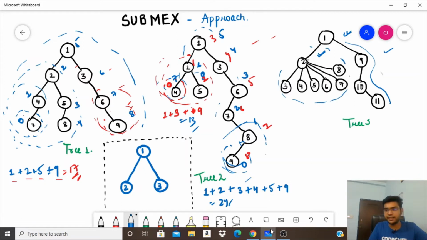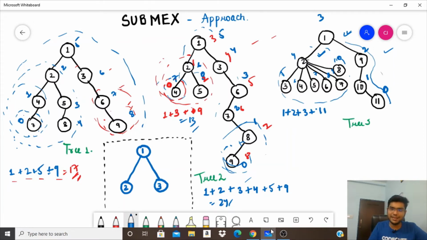So if we assign the values from here, right, so 0, 1, 2, 3 and the remaining values, that is 4, 5, 6, 7, 8, 9, 10, like this, right? So if we assign the values like this, what is the max that we are getting is 1 plus 2 plus 3 plus, what are the total number of nodes? That is 10, so 11, right? So this is the max that we are getting, right?